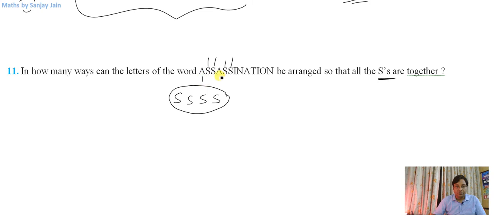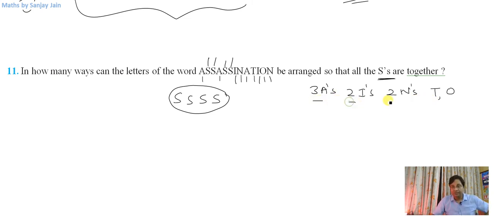I've got 3 A's, 2 I's, and N, T, O, N. So 2 N's, 1 T and 1 O. So how many are these? 3 and 2 is 5, 7, 8, 9 and 4, 13.